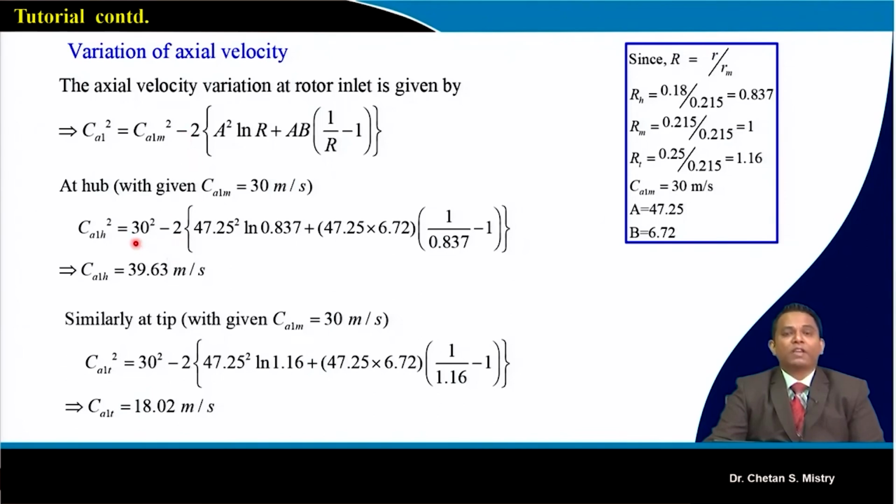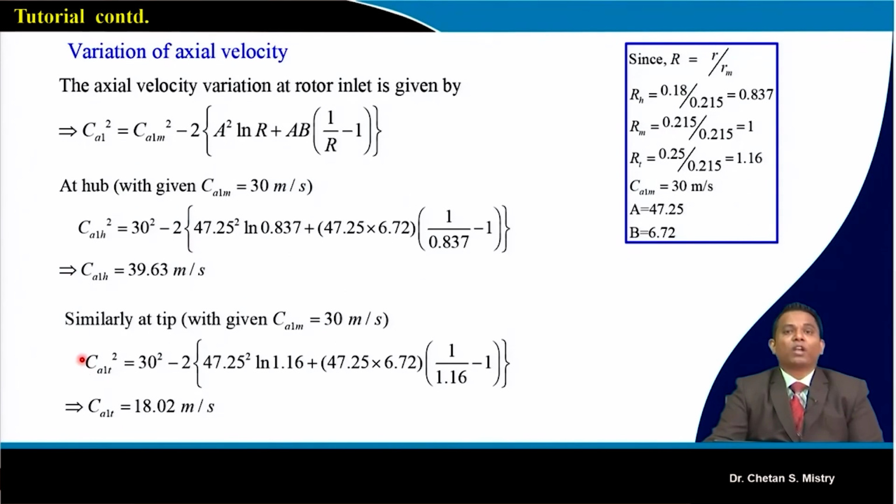My Ca1 at the mid station is 30 meter per second. A we have calculated as 47.25, B as 6.72, and R we have already calculated for hub, which is RH by RM, 0.837. That gives me my axial velocity at the entry near the hub.